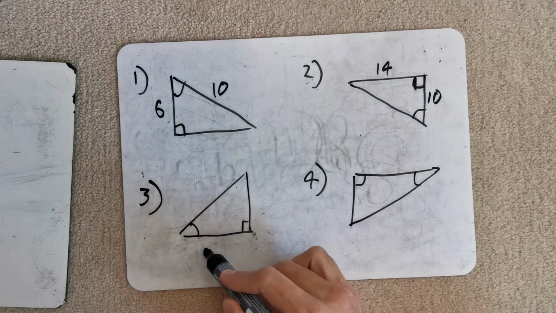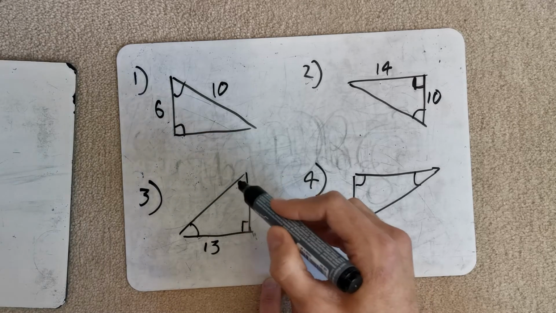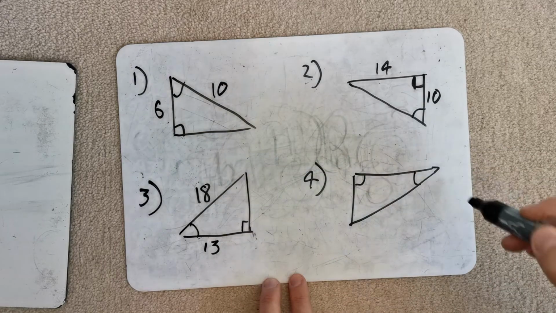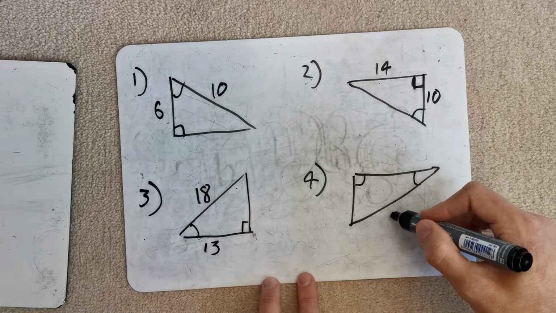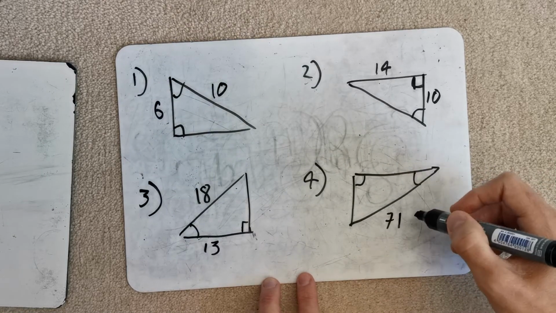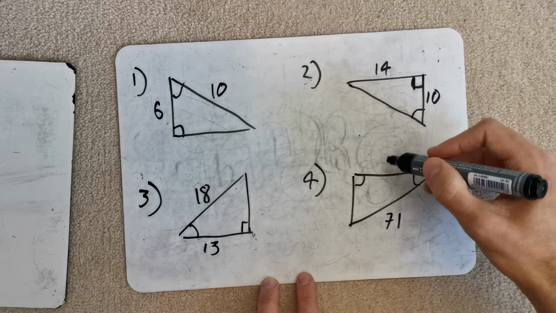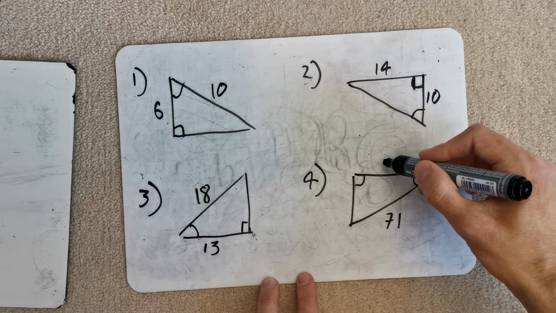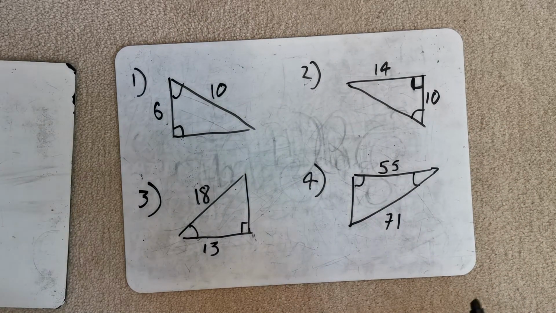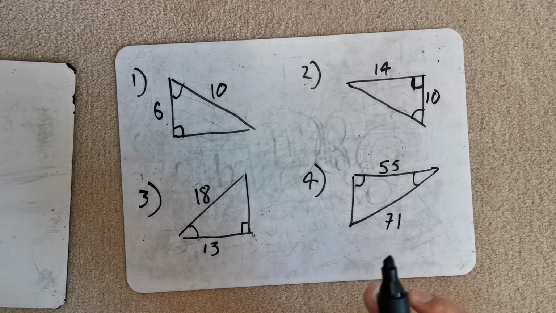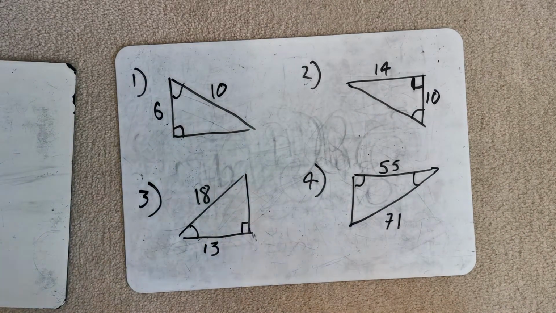Let's go for 13 and 18. And let's go for 71 and, oh, that's quite windy, 55. Okay, so pause the video, label them, and say which trig one of these you are going to need.